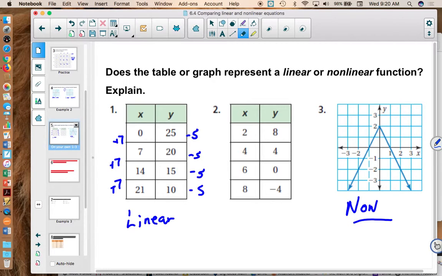What about number 2? Is number 2 linear or non-linear? Olivia? Linear, she says. Our constant rate of change on the x's is what? Up 2. What about the y's? -4 every time. Good.